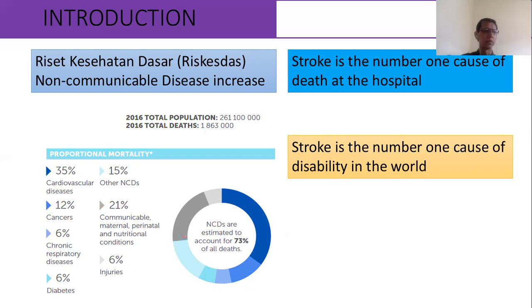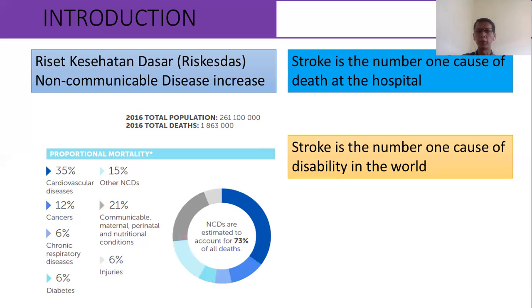On the other side, stroke is the number one cause of death at the hospital. It is different with cardiac disease. If they have a heart attack, maybe they cannot be saved before reaching the hospital. But stroke patients have a bigger chance to be saved to the hospital as inpatients.